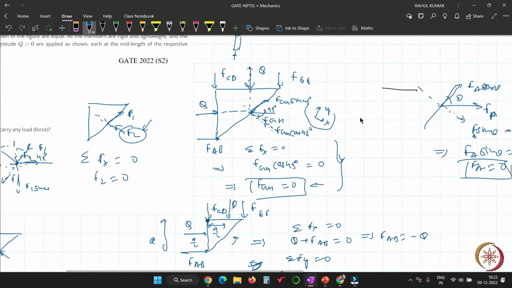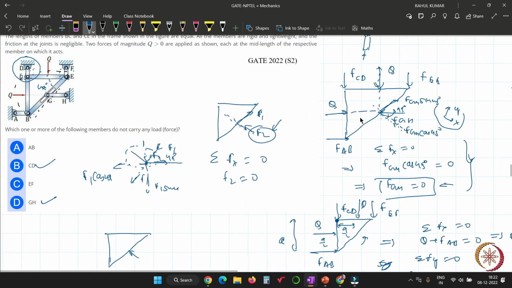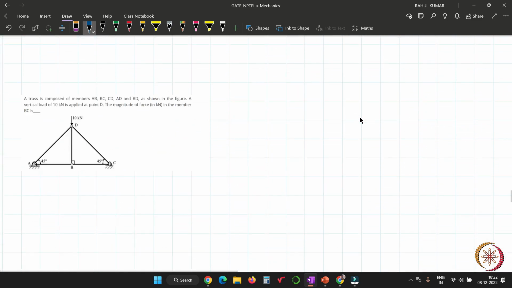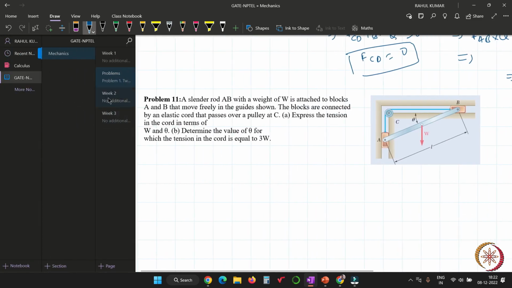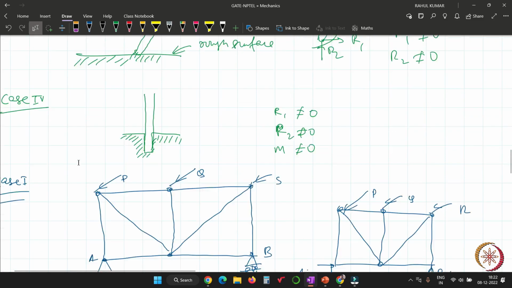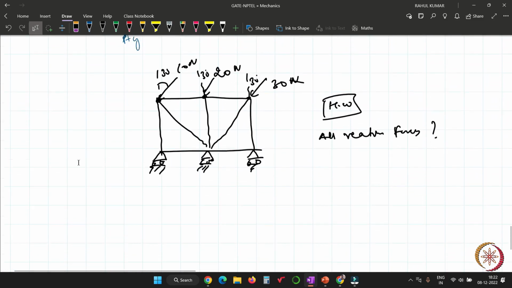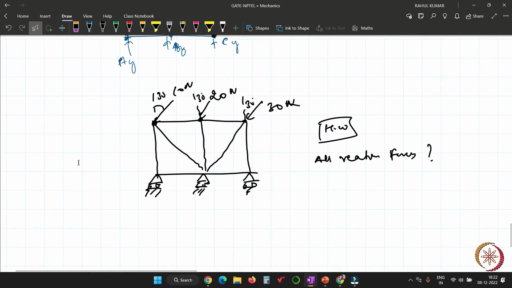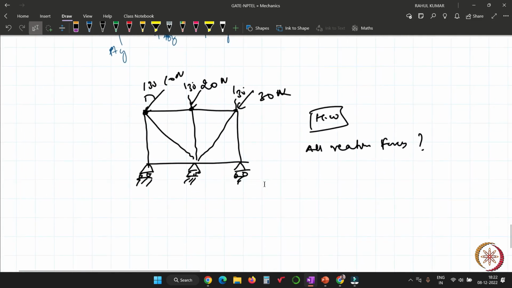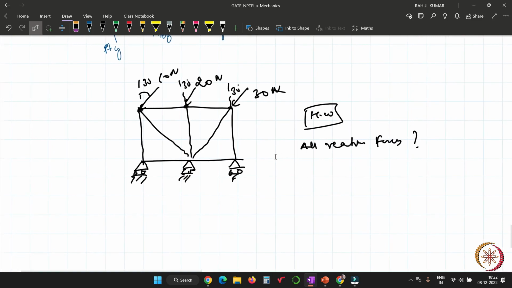In the next problem, I asked you, can you determine all the reaction forces in this problem? Have you guys tried it in the last class?